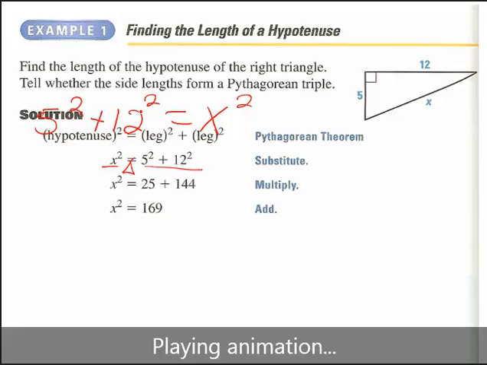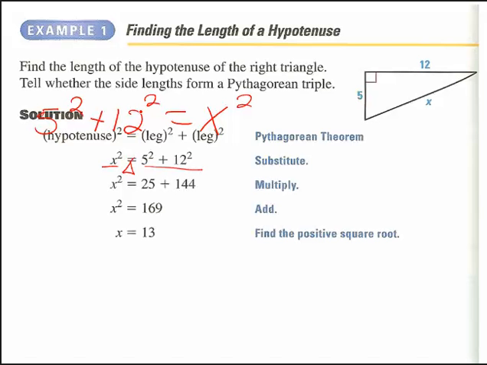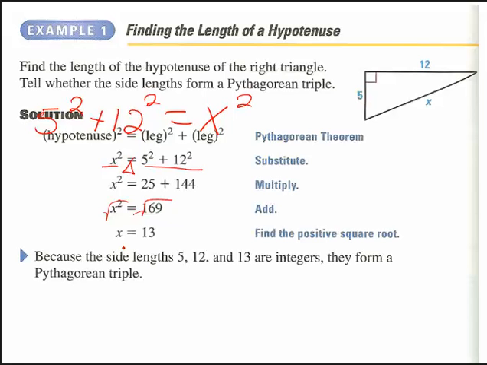Therefore, I take the square root of both sides. What times itself is going to give me 169? Again, be familiar with where that square root button is on your calculator. Everybody's is different. So this missing part, this hypotenuse, is 13.